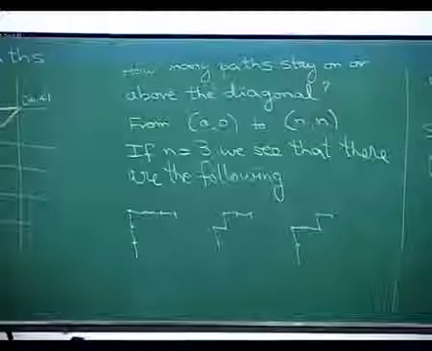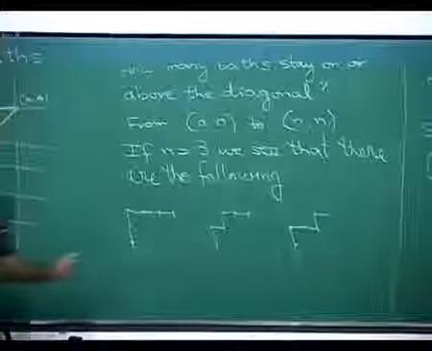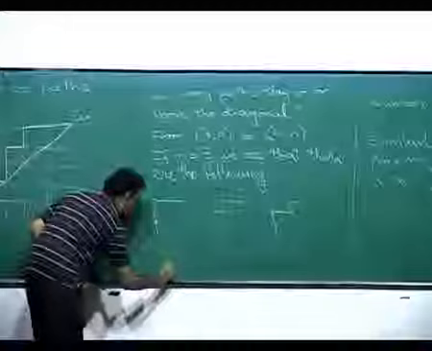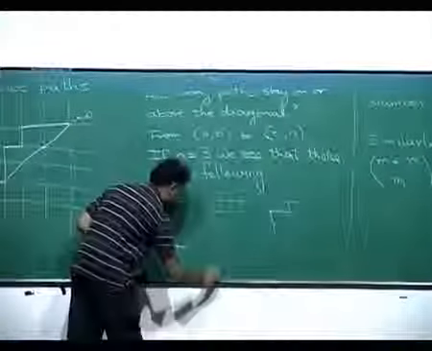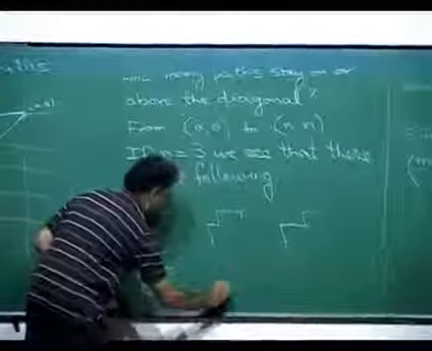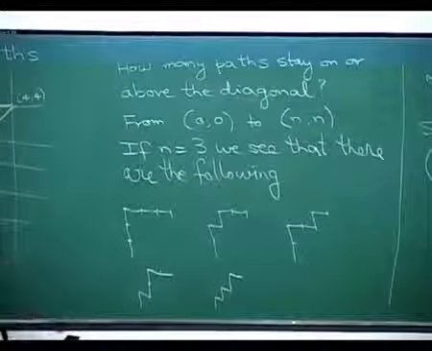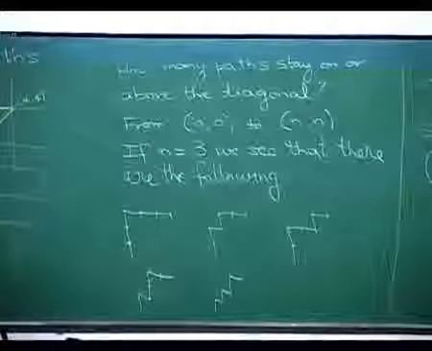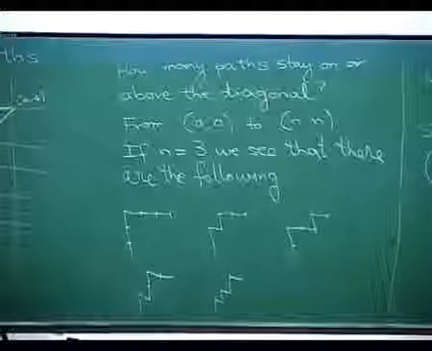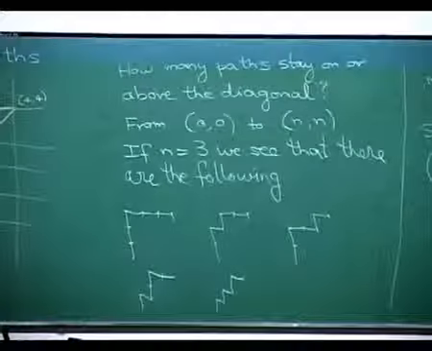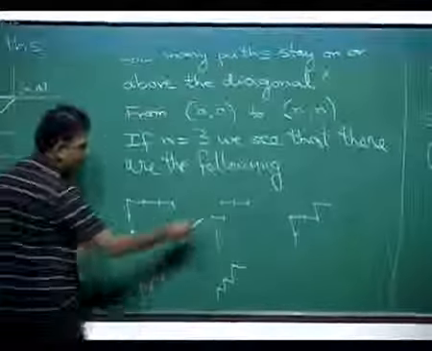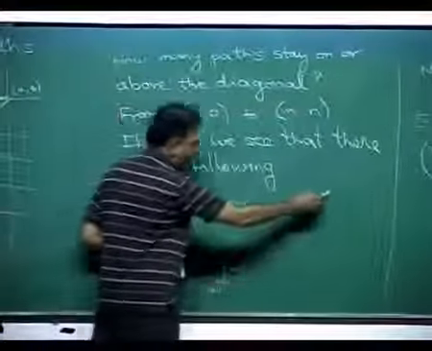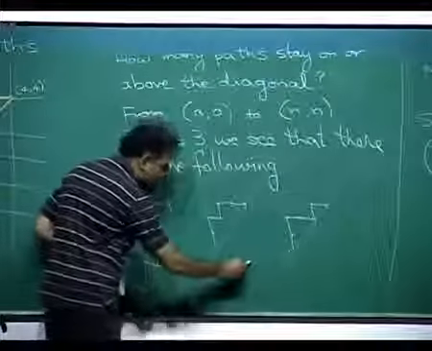So we want to reach this point. You could go 1, 1, 2, 2, or 1, 1, 1, 1, 1, 1. And that's all. You can try, you will only see these are the only 5 ways of going from 0, 0 to 3, 3 along a path which lies completely above the diagonal.